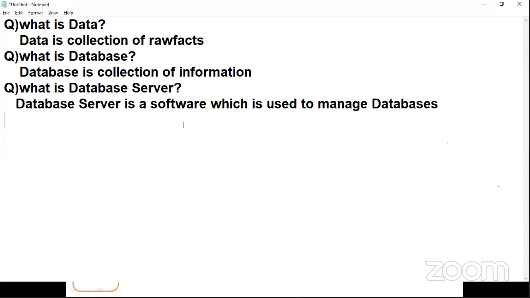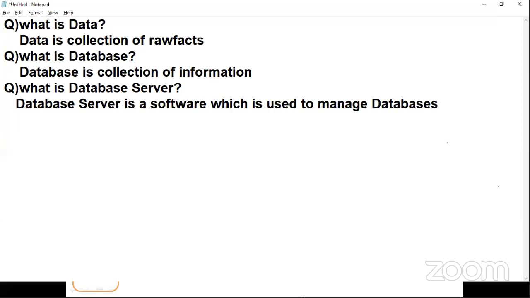In that shopping mall, some 1 lakh items will be there. In order to manage the total data available in the shopping mall, one software is required, that is database software, or database server.